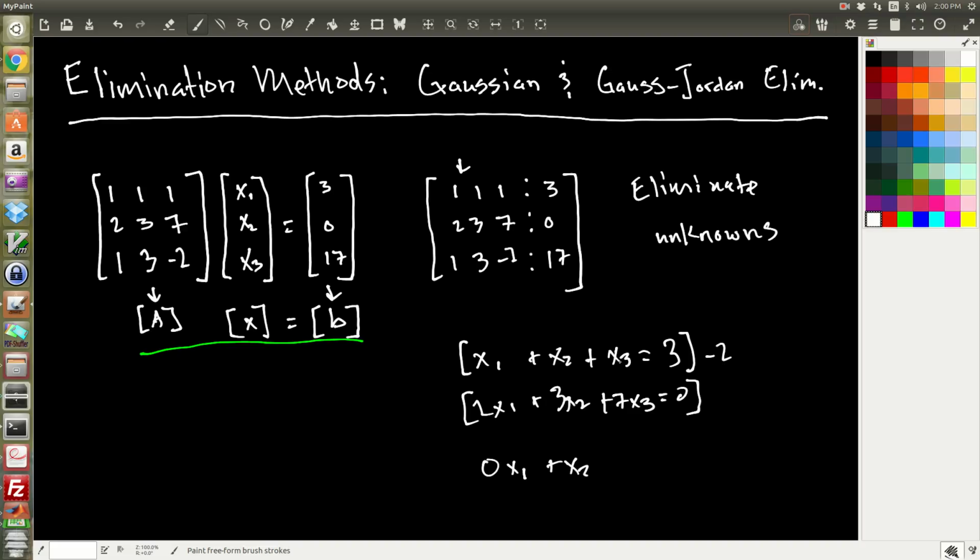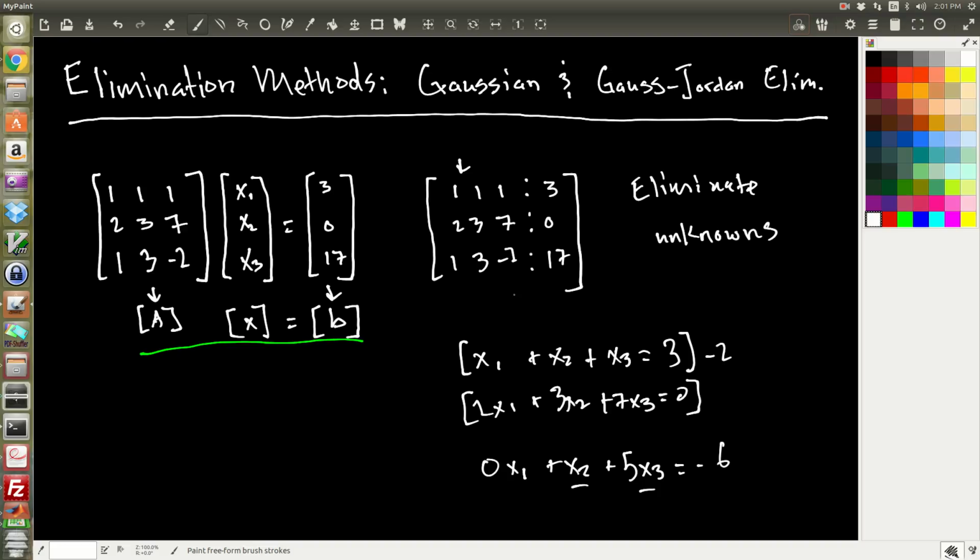Minus 2x3 plus 7x3 is 5x3. And minus 2 times 3 is minus 6, plus 0 equals minus 6. So I get this new equation where I've eliminated one of the unknowns, and now there are only two unknowns, x2 and x3.